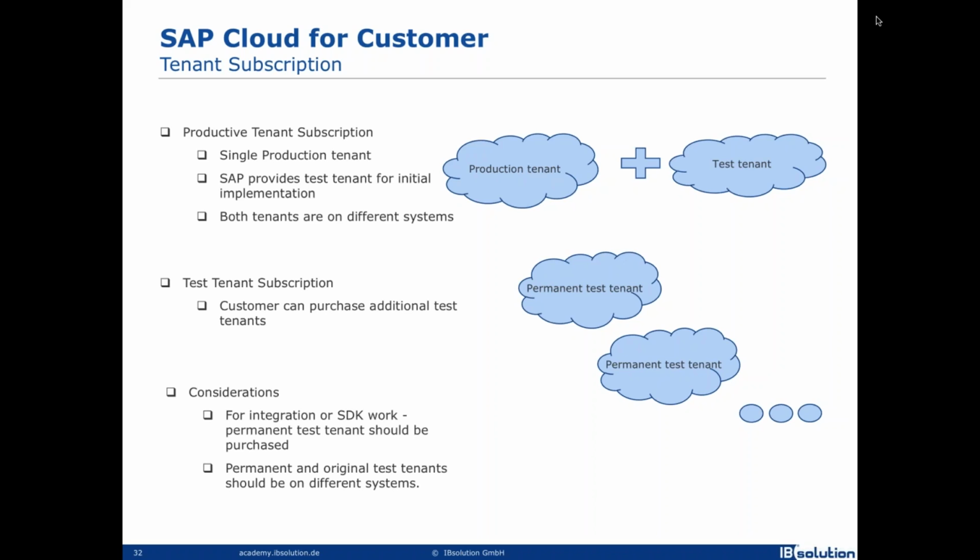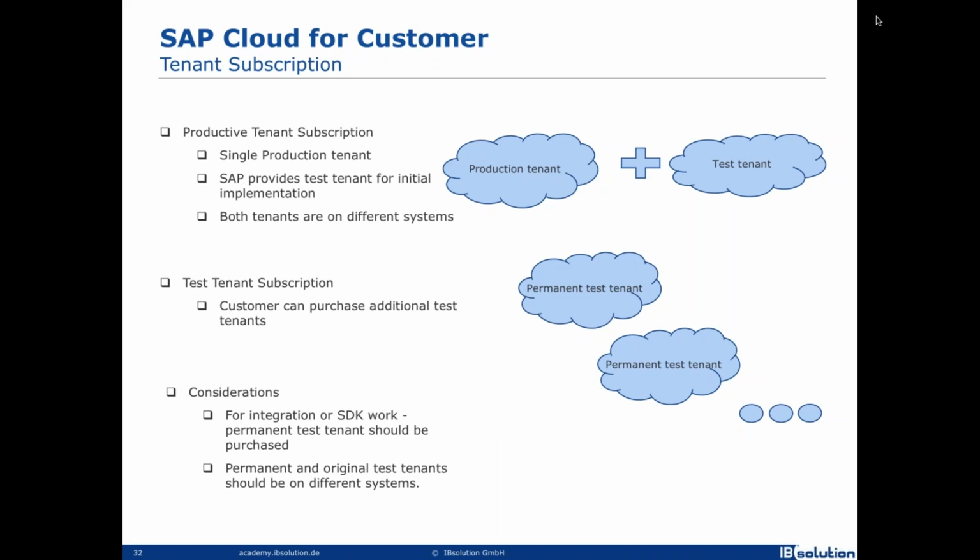When the test tenant is upgraded, you will have 2 weeks to test your implementation and your integrations, and if there are no showstoppers, no major issues, SAP will automatically also upgrade the production tenant. If there is a major problem which is a showstopper, you can ask SAP for a slight delay, but you cannot skip a new release, at least not for now.